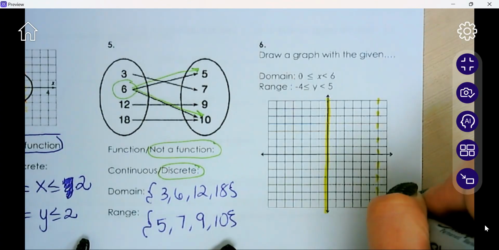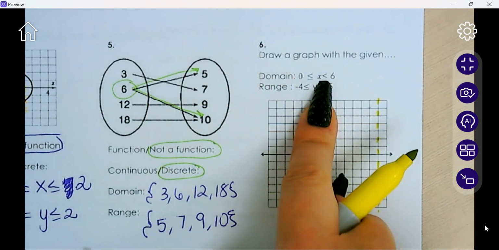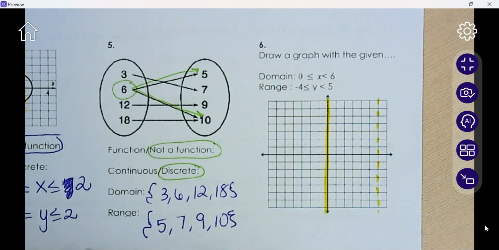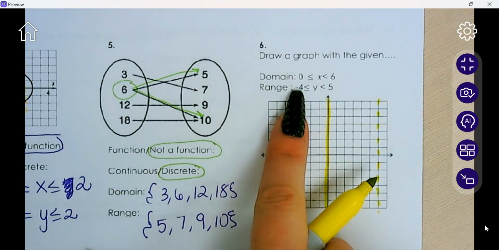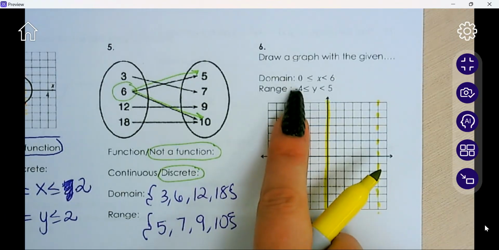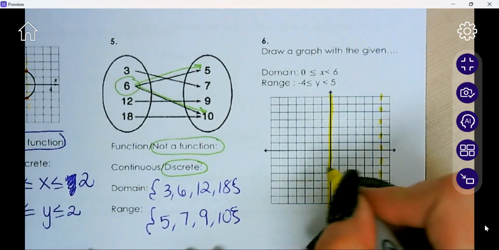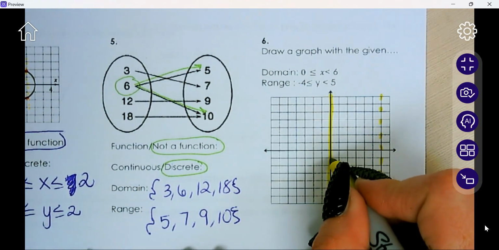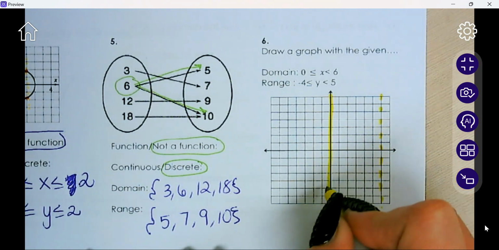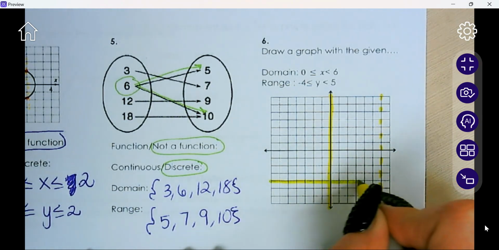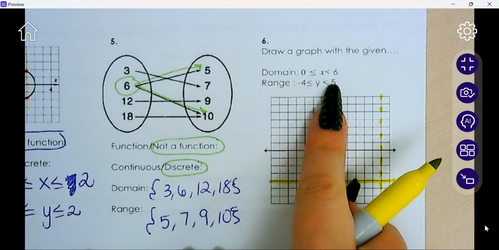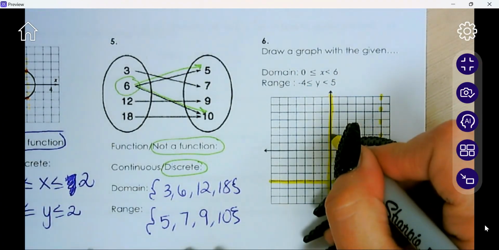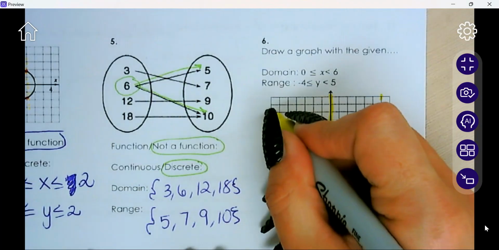It won't equal that side because it's just less than. So we're going to have some type of open circle there. Okay, and then -4 is the bottom of the range. So that will be a solid line because it will equal the -4. -1, -2, -3, -4. And then it has a top value of 5. 1, 2, 3, 4, 5.